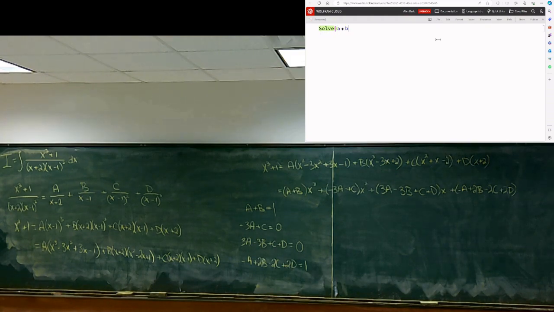First equation of the system, a plus b equals 1. You want to do a double equal. Single equal in Mathematica is storing. A double equal is a test. Double ampersand. Second equation in the system.